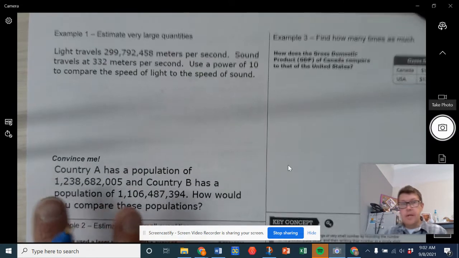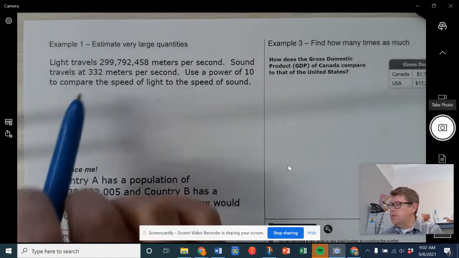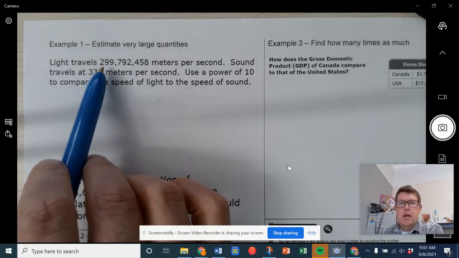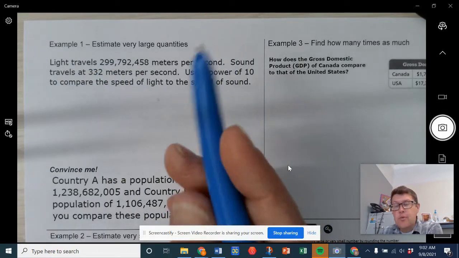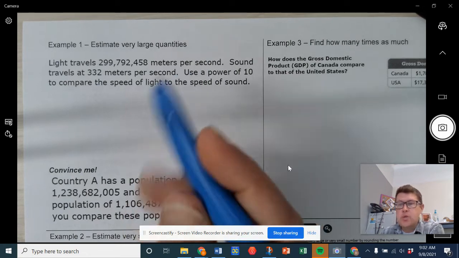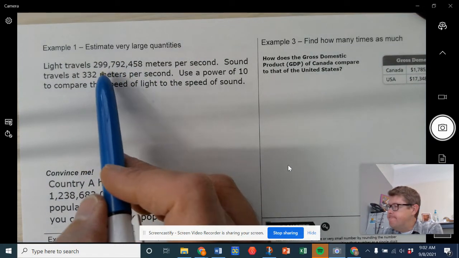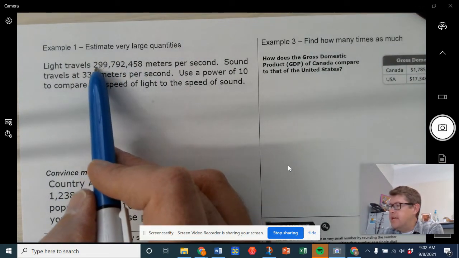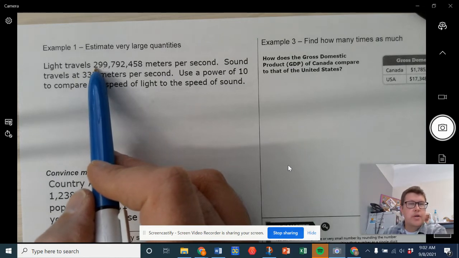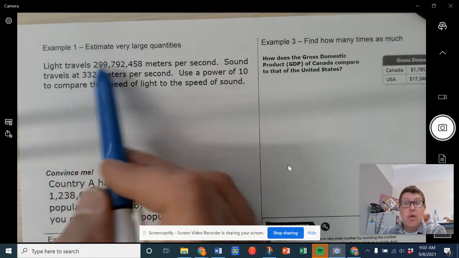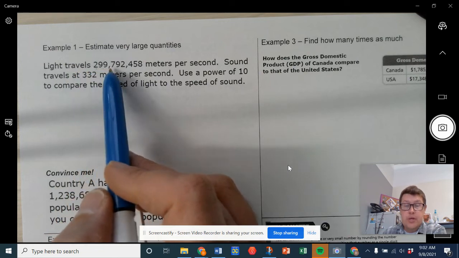So the idea here is you take each number here, and we're going to compare how big they are. We're going to use powers of 10 or exponents to do this. So you round it to the biggest place value, right? So this 299,000 basically just rounds up to 300 million.